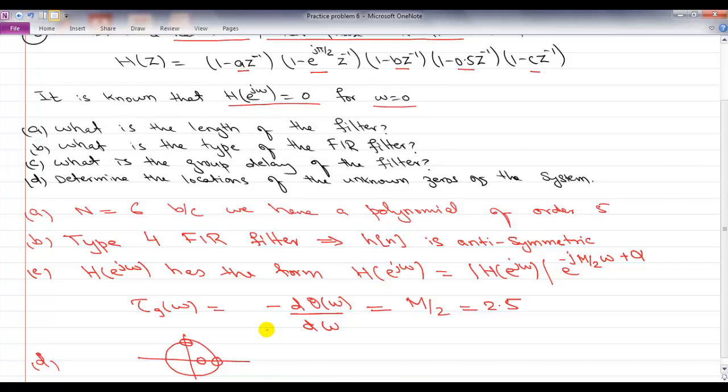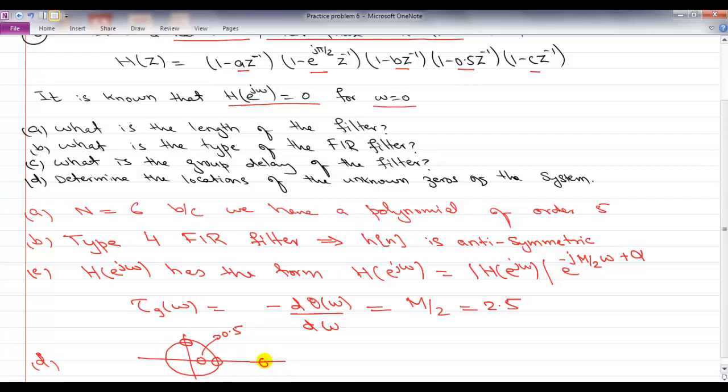Now remember that this is a linear phase filter. Okay. So we ought to be able to use that information to find the other zeros. So if I have a 0 at 0.5, because of the linear phase condition, that should give me another 0 at which location?